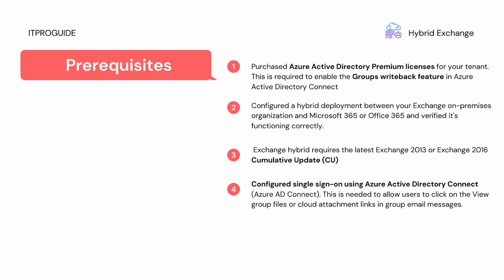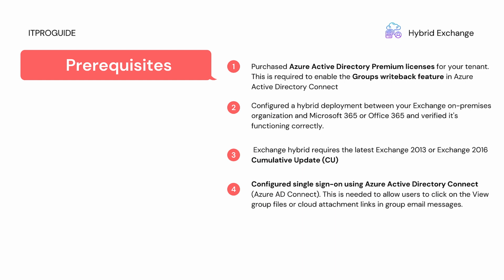But here with the group write back feature, Azure AD synchronizes with on-premises AD. So this is one of the limited features that use the other way synchronization in a hybrid setup. And you need a hybrid Exchange setup configured with on-premises and Microsoft 365, and verified to be functioning correctly. So far our Exchange on-premises and Exchange Online are working well in a hybrid setup.